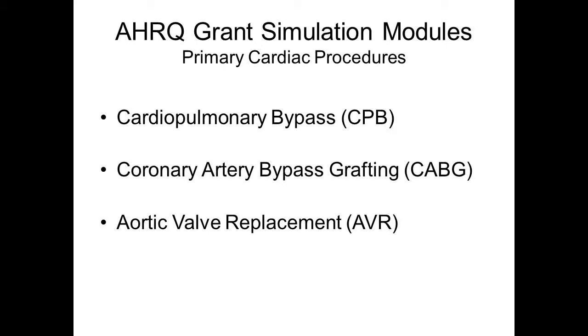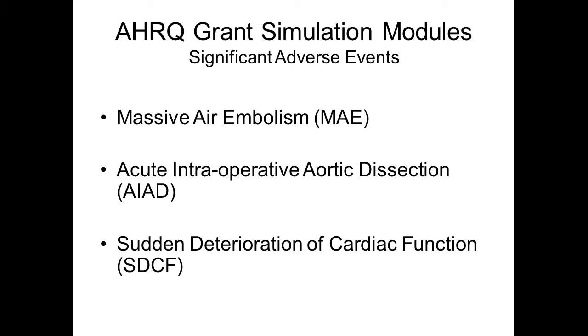These are the primary cardiac surgery procedures which you will be learning about today: the cardiopulmonary bypass, coronary artery bypass, and aortic valve replacement. The adverse events are massive air embolism, acute intraoperative aortic dissection, and sudden deterioration of cardiac function.